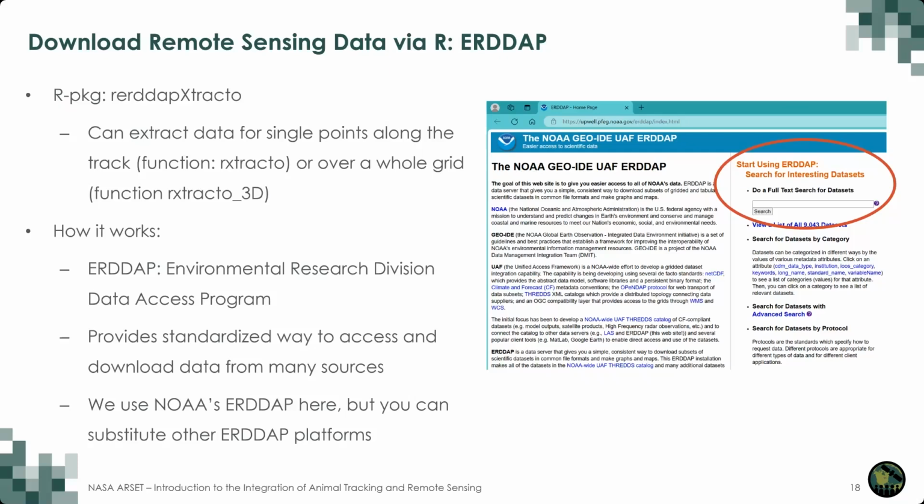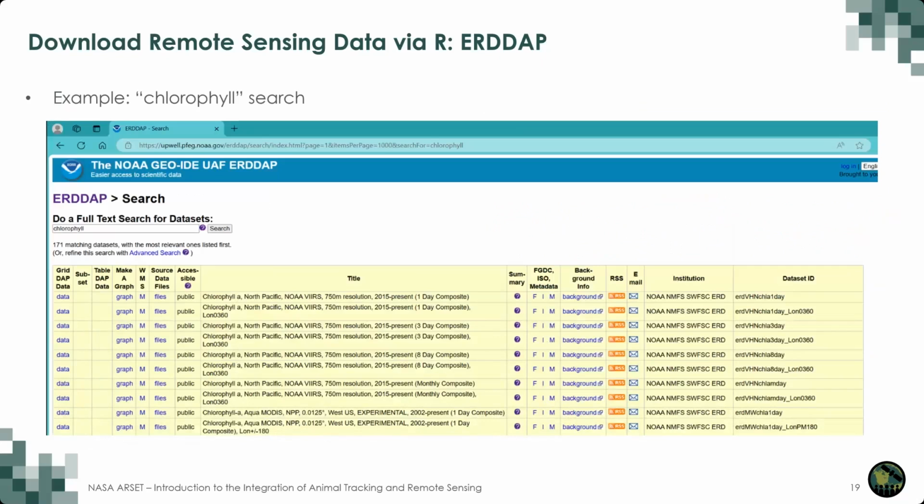And so what you're going to do to find a data set is you'll actually go to this website, and you can search for data sets with the red circle in the search box in the image on the right. As this example, I searched for chlorophyll, and you can see that 171 data sets come up. And so that's a lot of data sets.